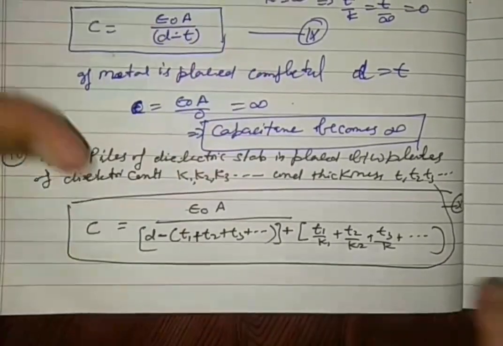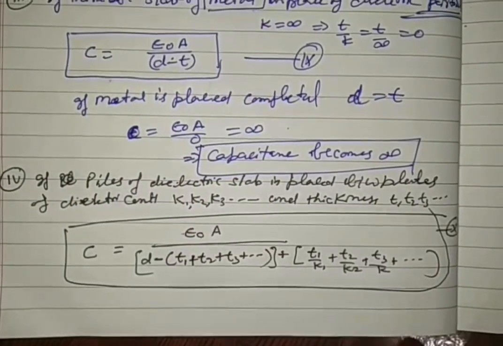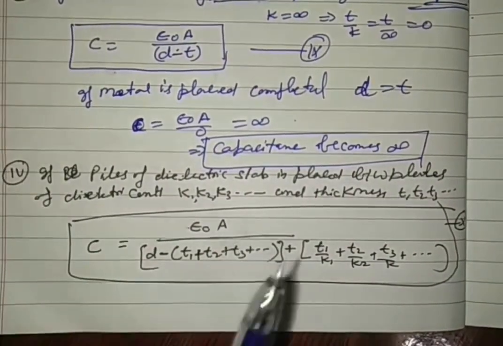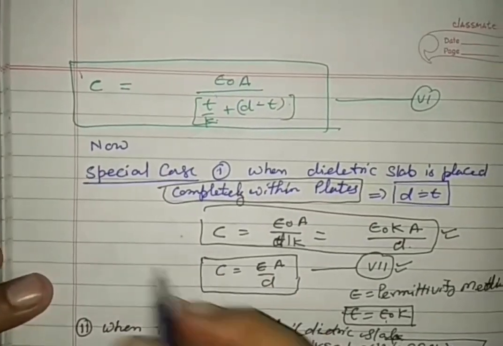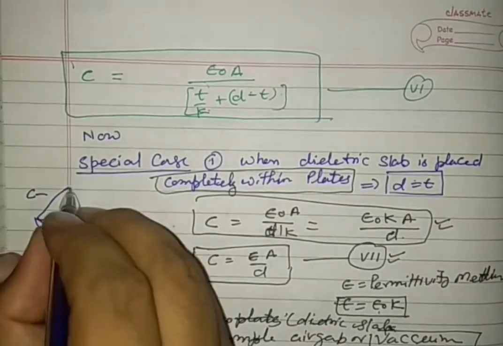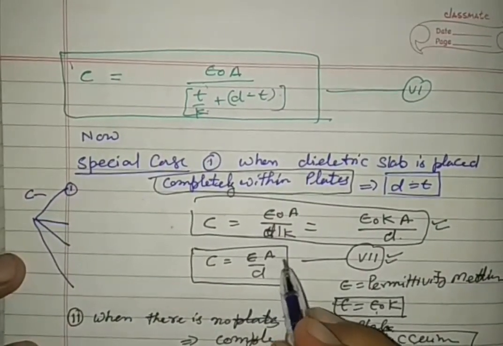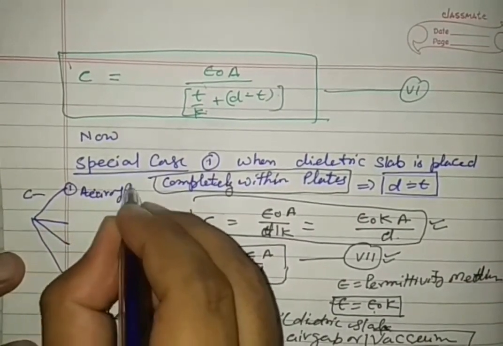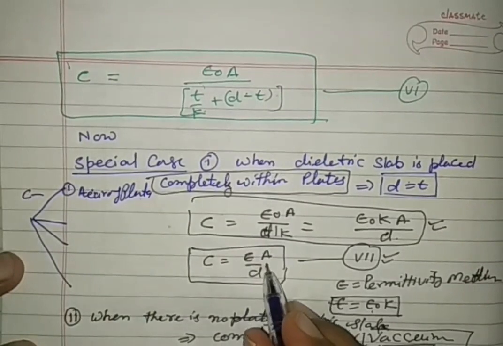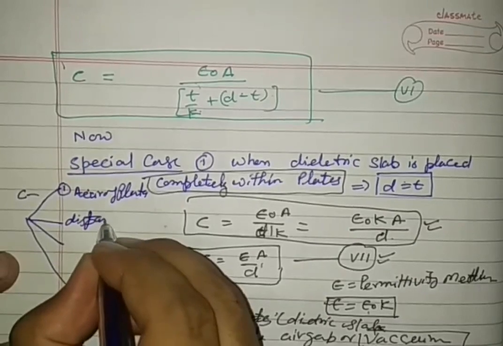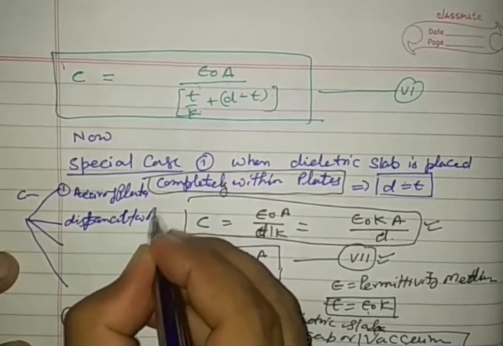So these are the formulas to obtain the capacitance of a parallel plate capacitor in different cases. But one thing is important. The capacitance of a parallel plate capacitor depends on 4 factors. Number 1, A, the area of plate. Second, the distance between plates.